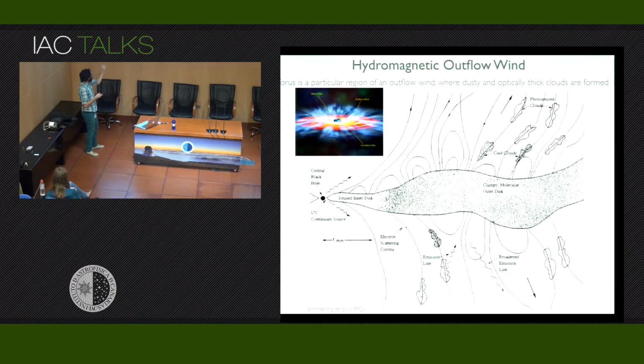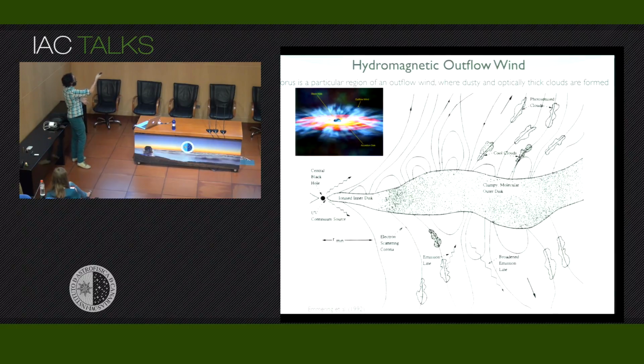Moving away from the accretion disk, confined by the magnetic field and helped by the radiation pressure from the central engine. When these plasma clouds are far enough from the accretion disk, the temperature cools down, the plasma gets cold, and dust is formed.